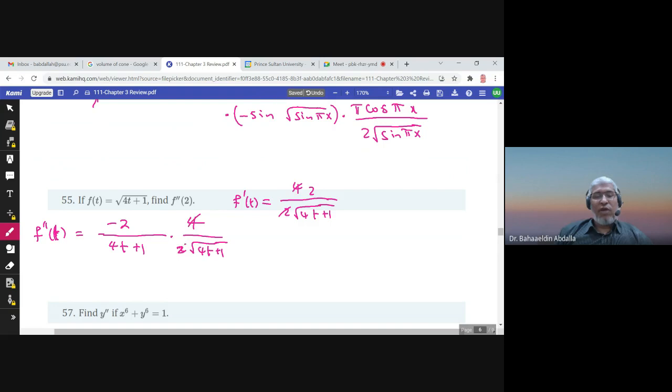And again, 4 cancels with 2, and I have 2 here. So you can say that it is negative 4 over 4t plus 1 to the power 3 over 2. And now f double prime of 2 would be negative 4 over 2 times 4, 8 plus 1, 9 to the power 3 over 2, that's 27.